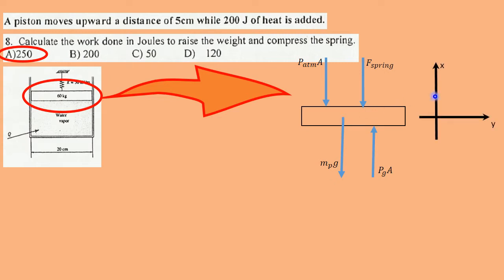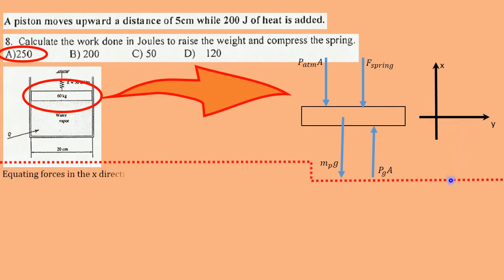Now let's choose our x direction to be vertical and the y direction horizontal. Equating forces in the x direction, that is, we try to resolve the forces in the x direction and form an equation.